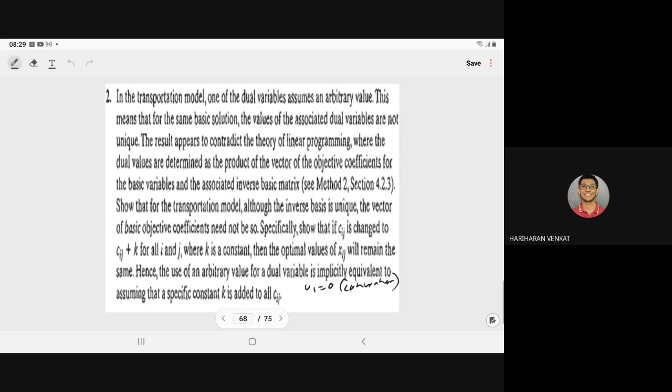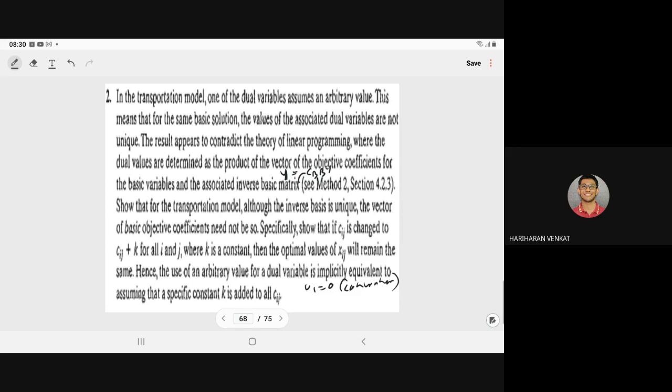The result appears to contradict the theory of the linear program, where the dual variables are determined as the product of the vector of the objective coefficients for the basic variables and the inverse of the basic matrix. It is CB B inverse. We know that the dual variable y is CB B inverse, from the big duality theorem, or method 2 in section 4.2.3.